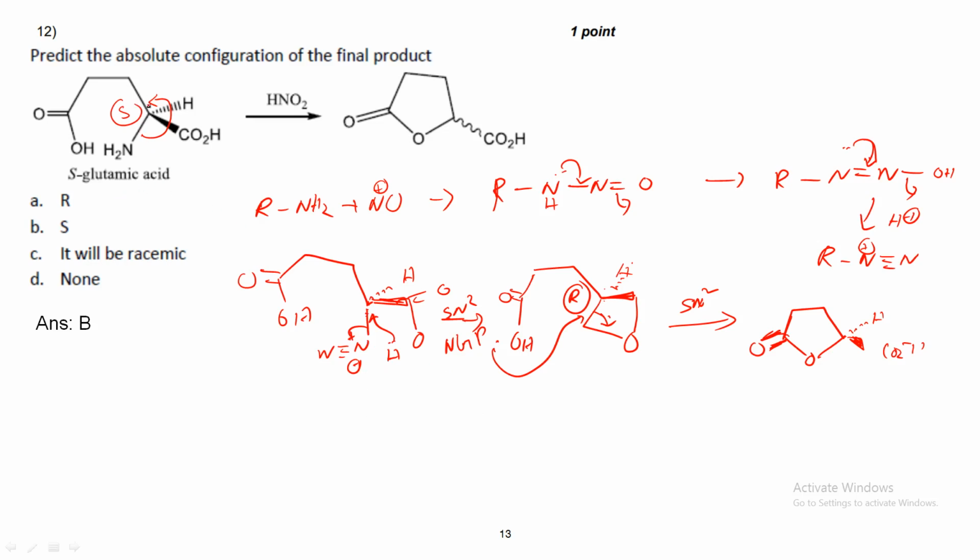So now here, as it is in the starting material, after 2 SN2 attacks the stereochemistry would be the same, and that's how you can explain it, it would be S.